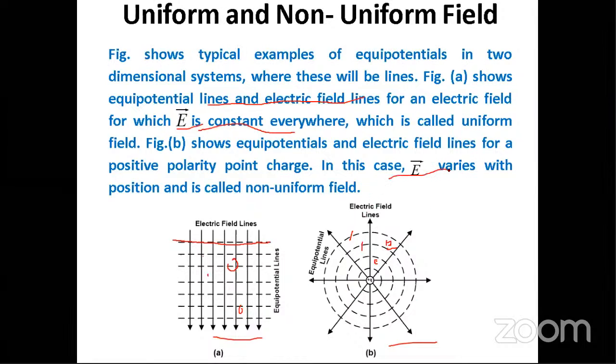It means the electric field varies with position, and so it is called a non-uniform field. Where the electric field is uniform irrespective of position, the field is called a uniform field. And if it varies with position, the field is called a non-uniform field. Okay.